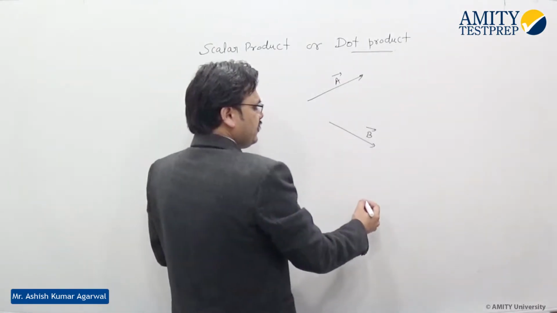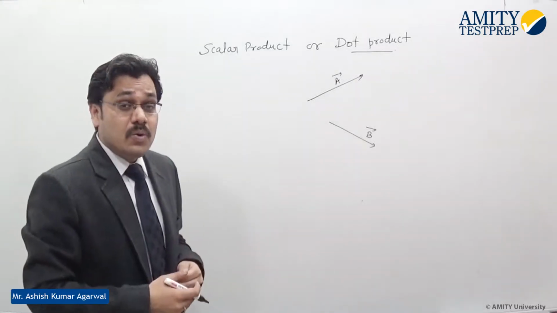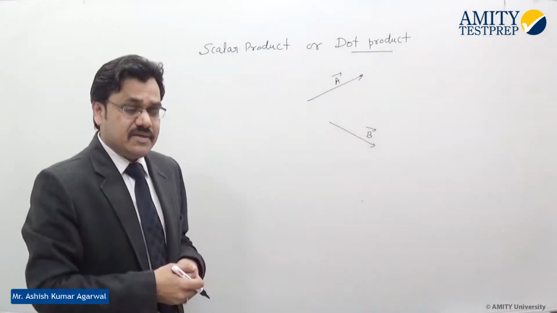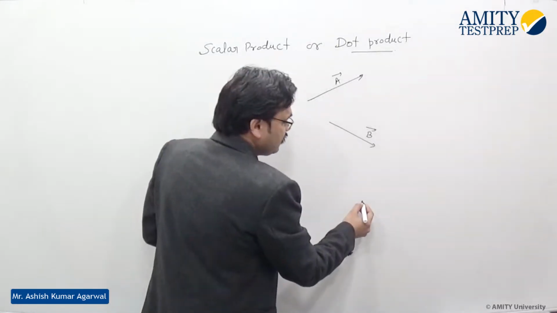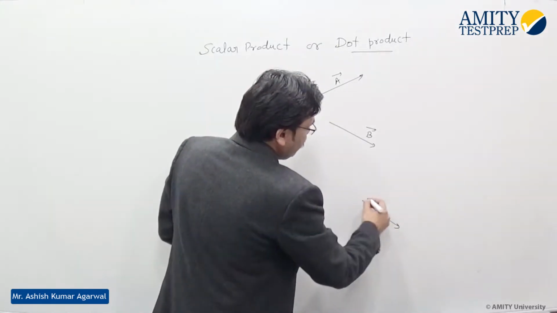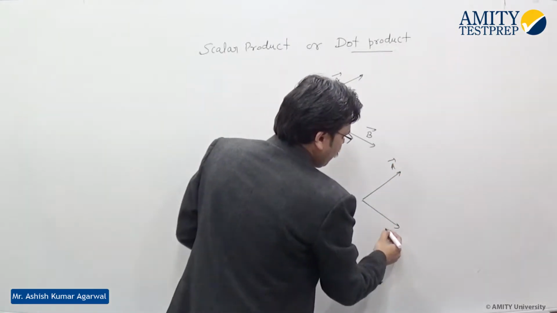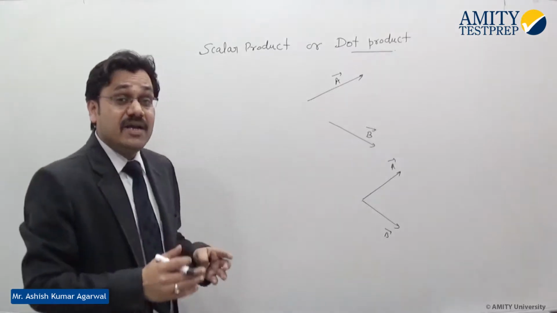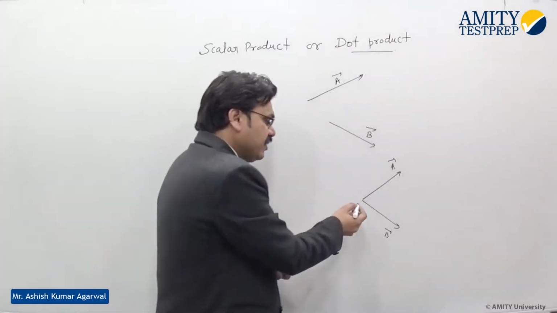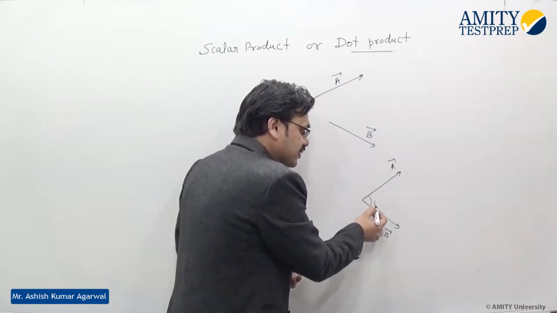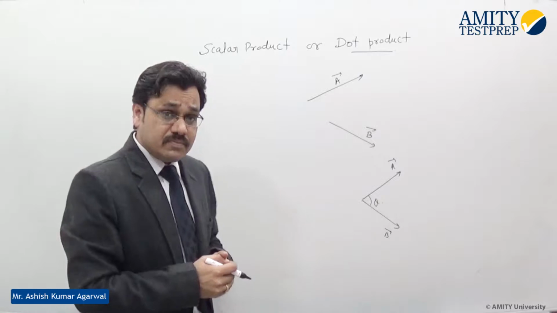When two vectors are given, we make these two vectors co-initial, which means they originate from the same point. So I write it like vector B and vector A. If you want to find the angle between these two vectors, you have to make them co-initial, and this angle is known as the angle between the vectors.